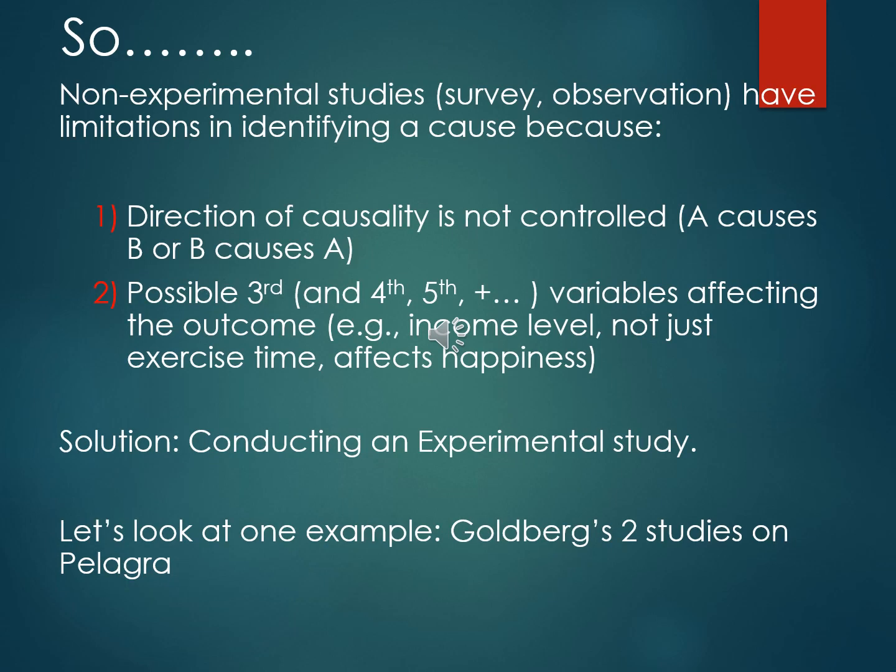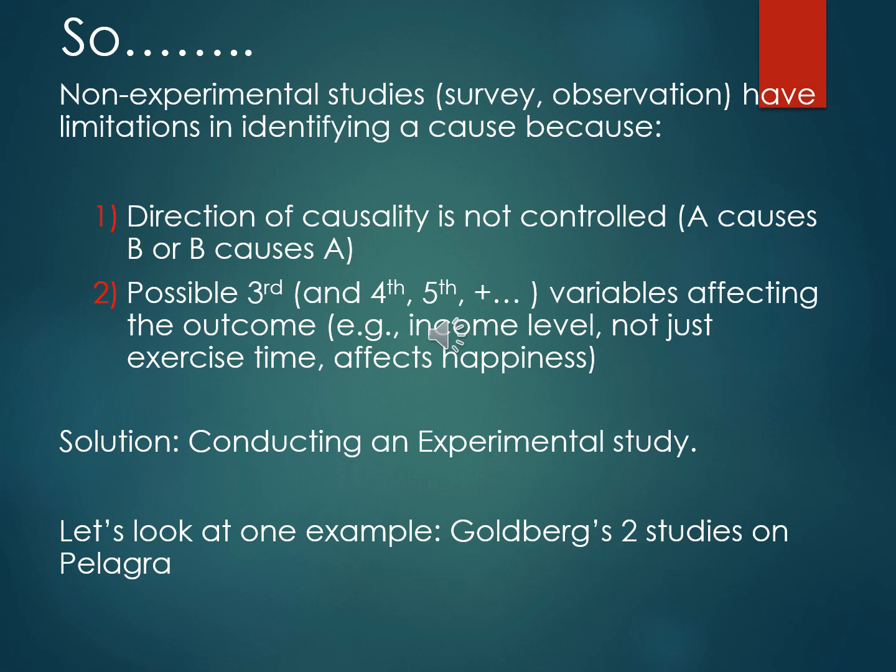All the non-experimental studies, including survey and observation, whose data can be analyzed using correlation analysis, have limitations. These two limitations are: number one, direction of causality cannot be controlled, which means a lack of temporal precedence.